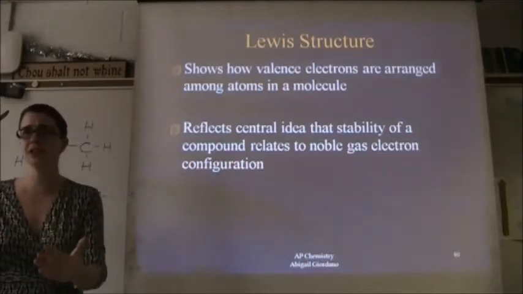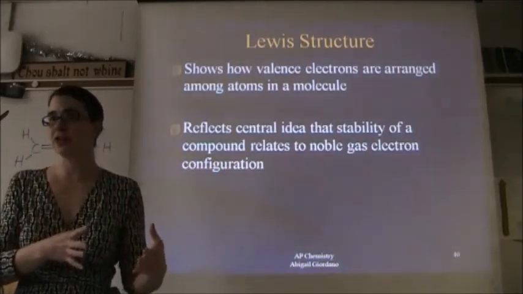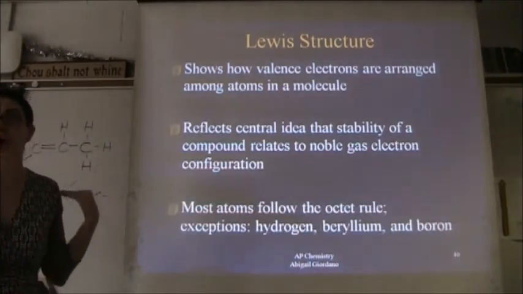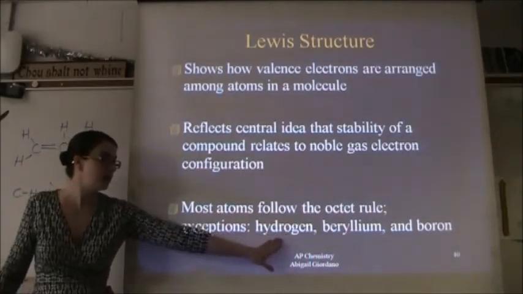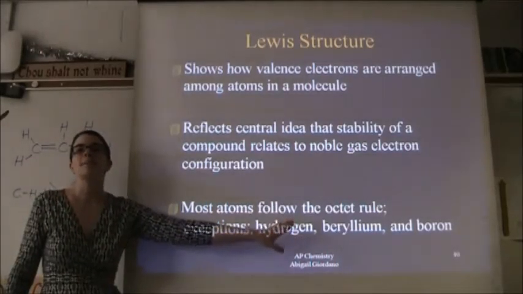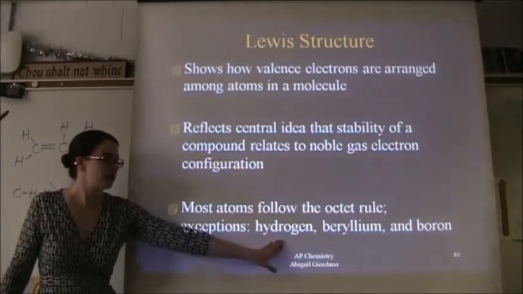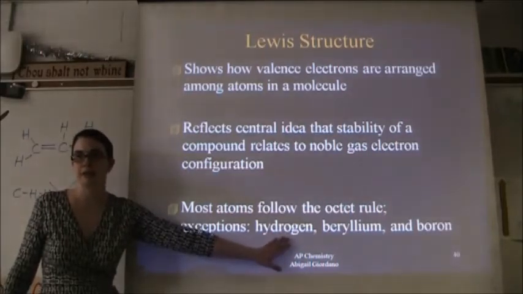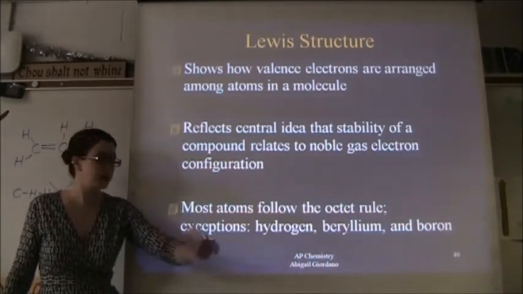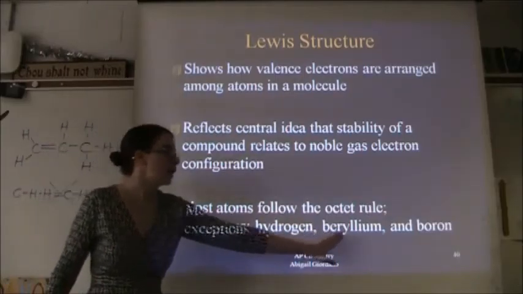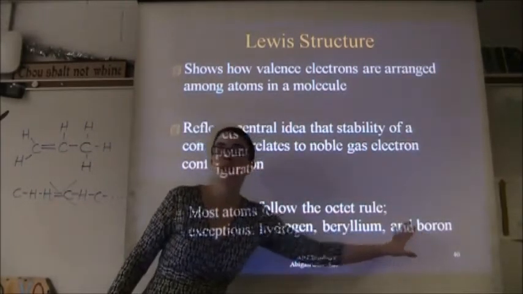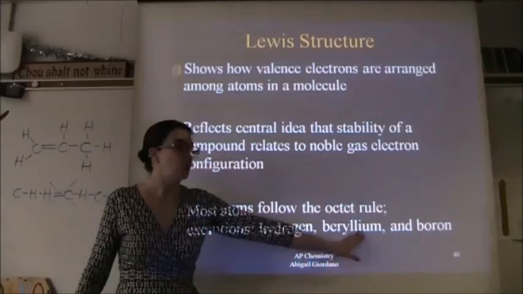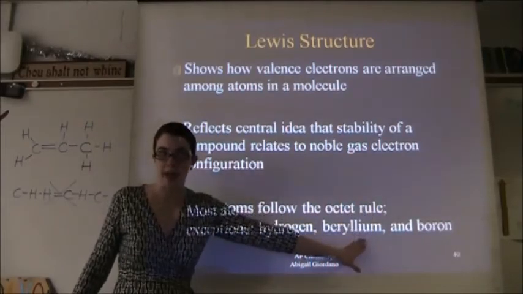Most elements will have 4 pairs. There are some exceptions. We just talked about one a moment ago. How many pairs will hydrogen have next to it? 1 pair. You may or may not have seen these in Chem 1. Beryllium will only accommodate 2 pairs next to it.